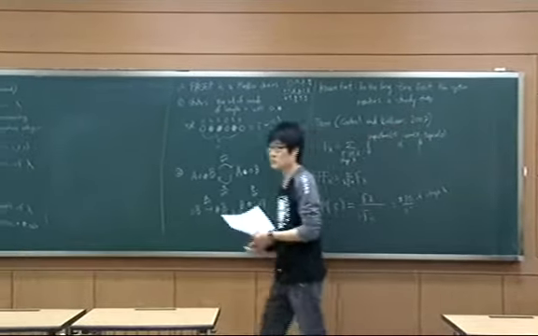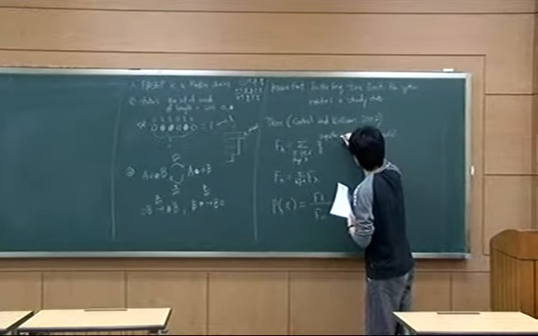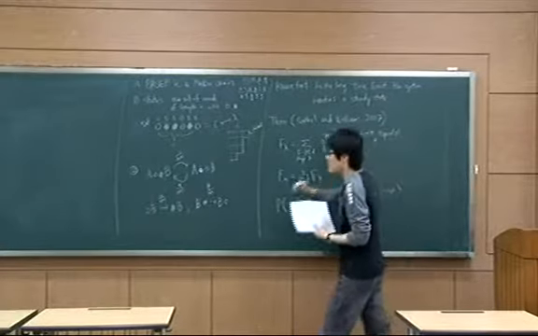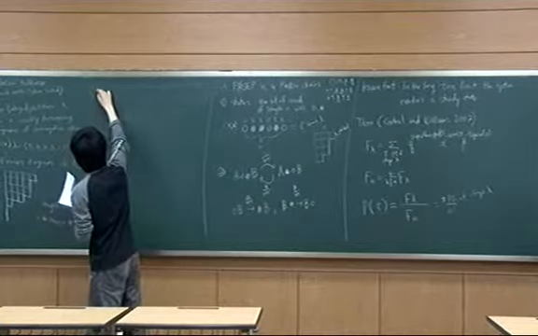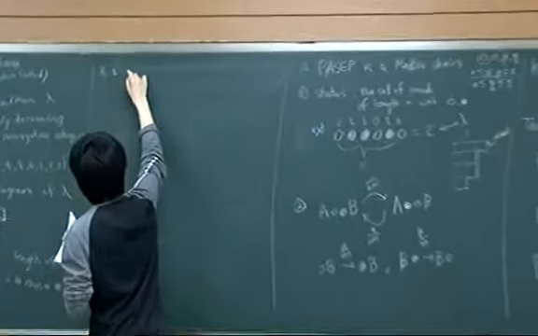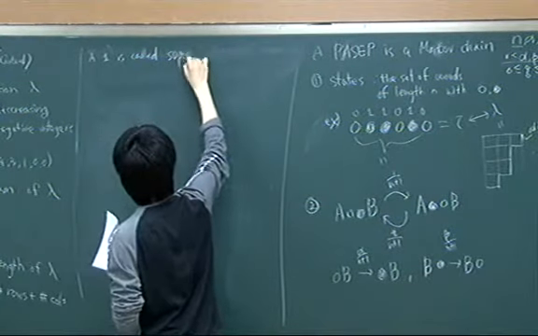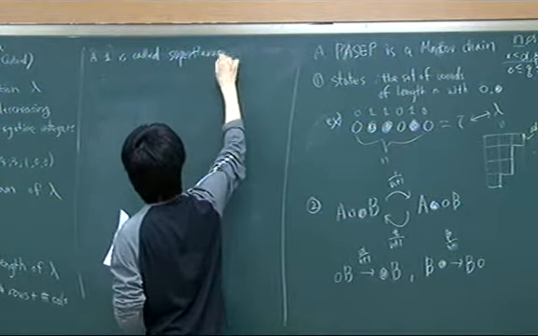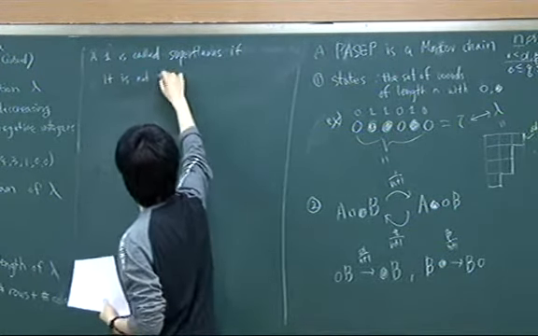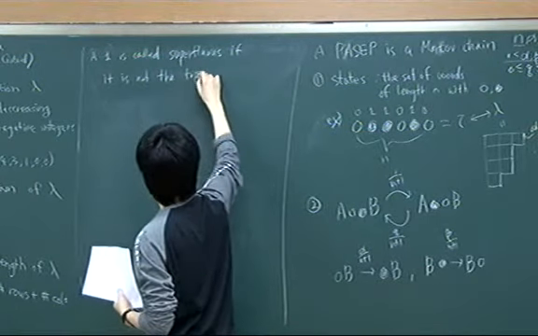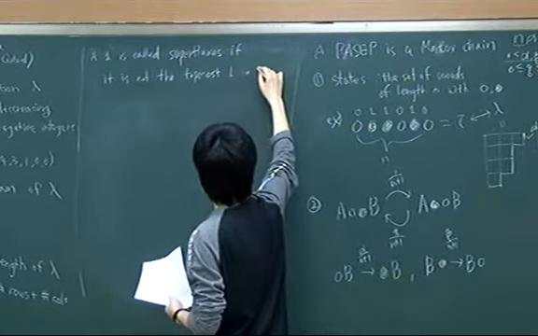Superfluous 1 of T. A 1 in this permutation tableau is called superfluous if it is not the topmost one in the column.